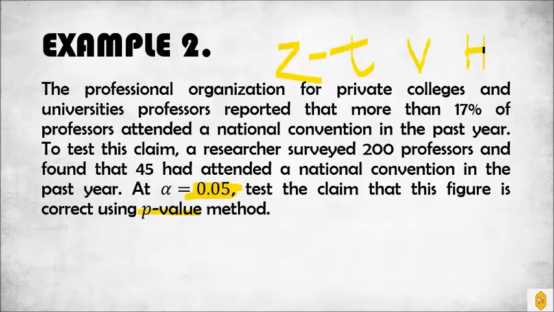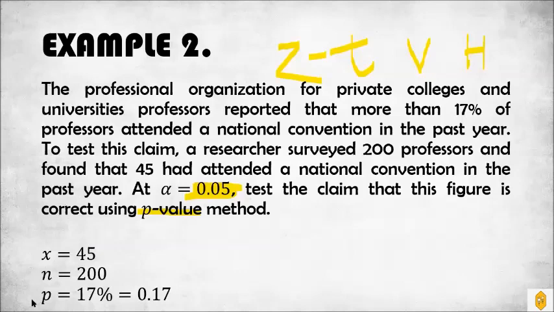So, kung natatandaan nyo pa, yung discussion natin sa normal distribution, that is under chapter 2, ganun po ulit yung ating gagawin dito sa vertical and horizontal. Okay? So, analyze nyo yung problem. Same pa din tayo ng notation. X, N, P, wherein X is 45.